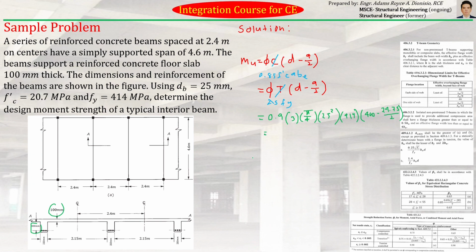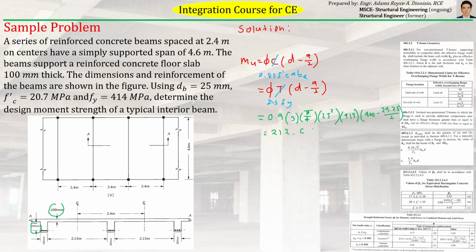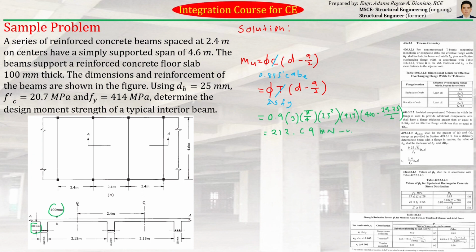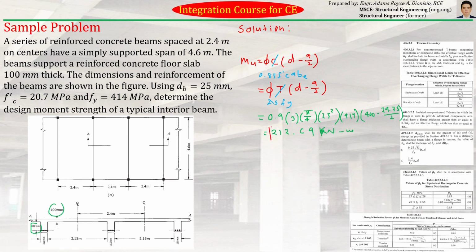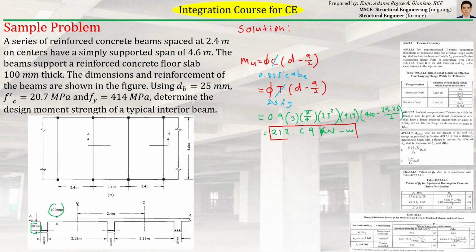So that will be equal to 0.9 times 3 times pi over 4 times 25 squared times 414, 400 minus 24.75 over 2. So that will be equal to 212.69 kilonewton meter. So dinerecho ko na siya na kilonewton meter. Okay, so i-box lang natin yan. And we already have our final answer for this particular problem.